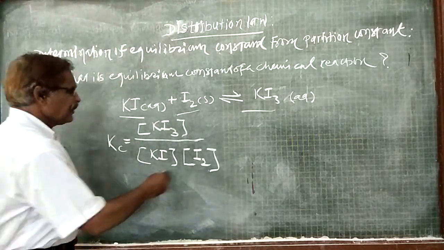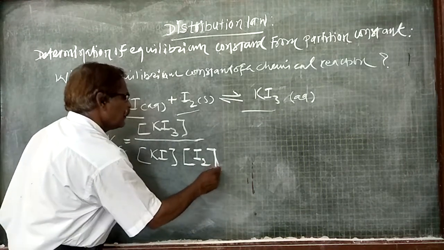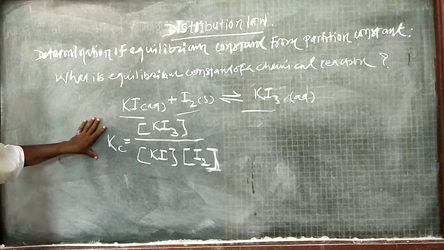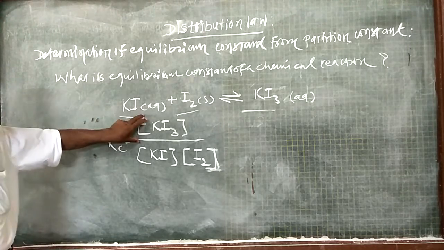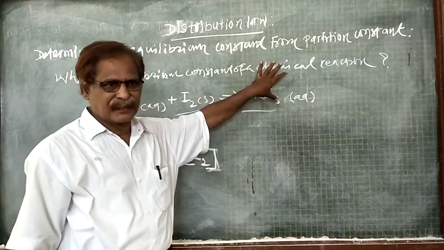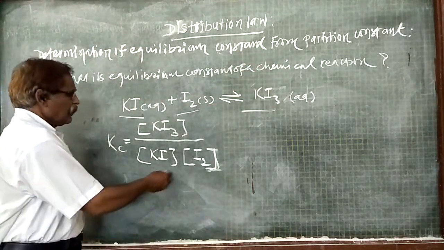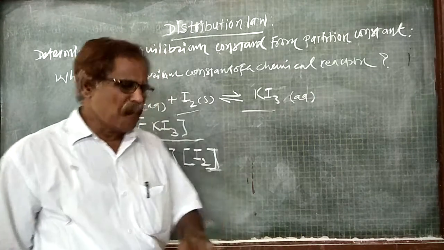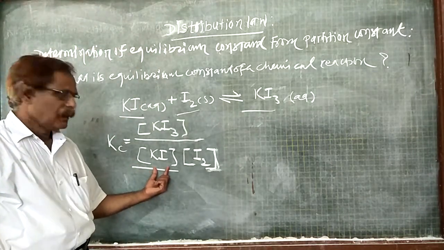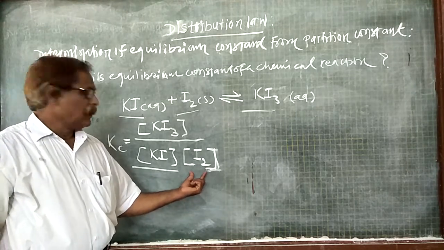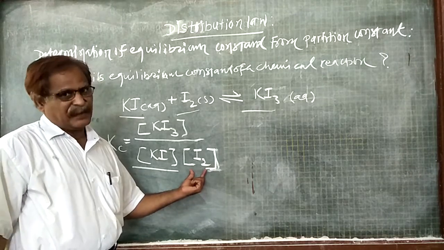When we look at this expression, we will see that the equilibrium constant of this reaction Kc is equal to the molar concentration of the product, potassium triiodide in this case, divided by the unreacted or free or uncombined potassium iodide and the free or uncombined iodine at equilibrium.